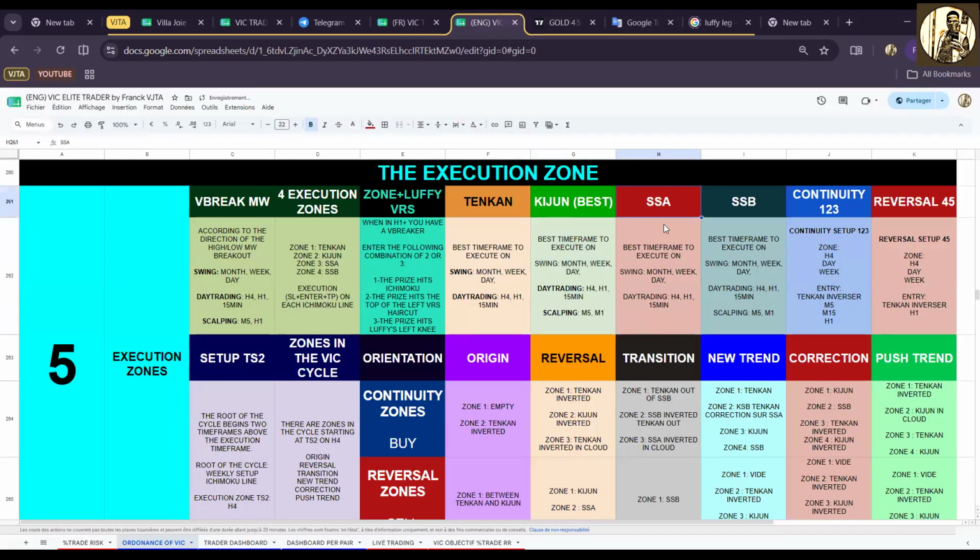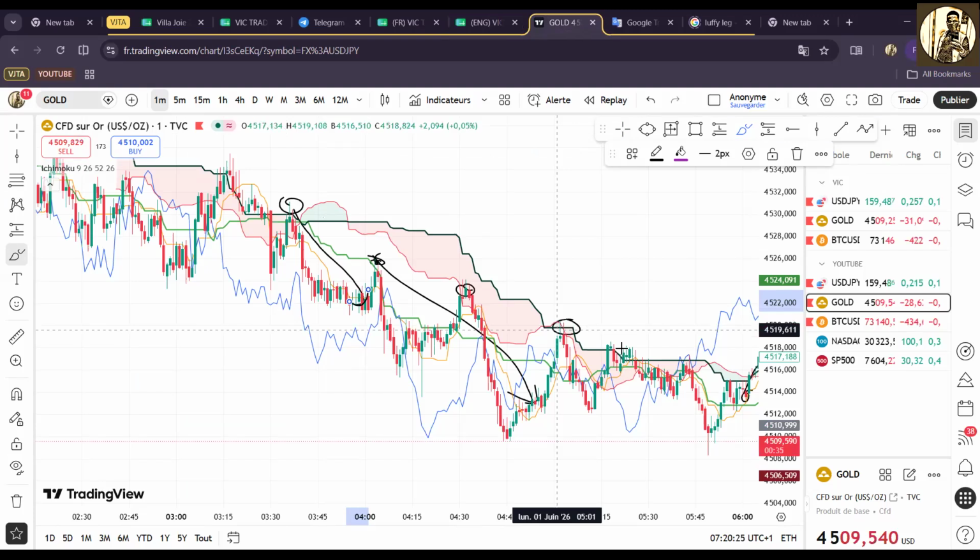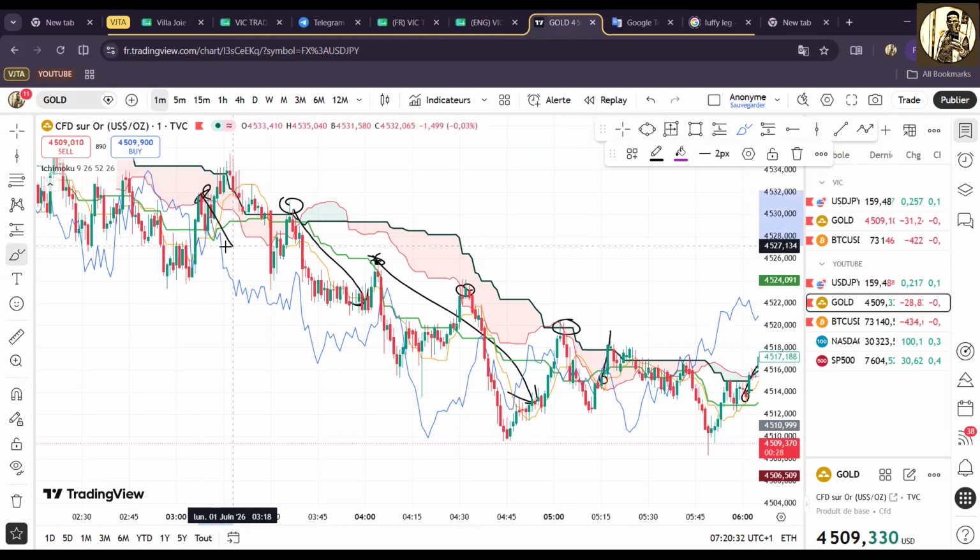SSA, I don't advise too much in low time frame. In terms of entry lines where you need to enter, I don't advise it for SSA. That's why I didn't put scalping here, because SSA is often broken. Like this one is broken to the upside. It doesn't give the movement directly.